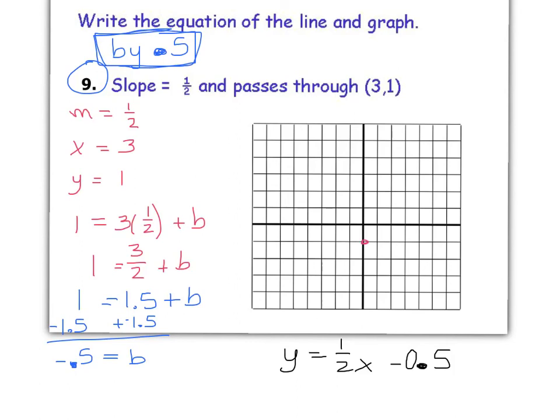So my first dot would be right there, so that's 0.5 and it's a negative. And now I'm going to run 2 whole sections, so that means I need to go over by 4, and I'm going to rise up 1 whole. So my next dot would be right there, and I notice I can't go back any further, so I'm going to go backwards. 0.5, 1 whole, 1.5, 2, half, and a whole.